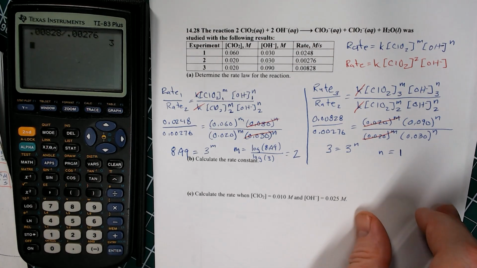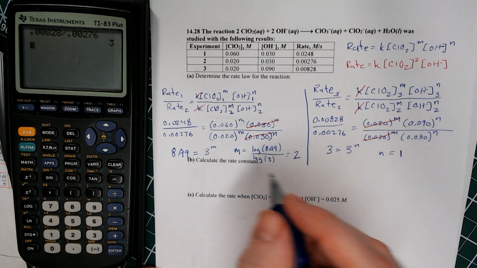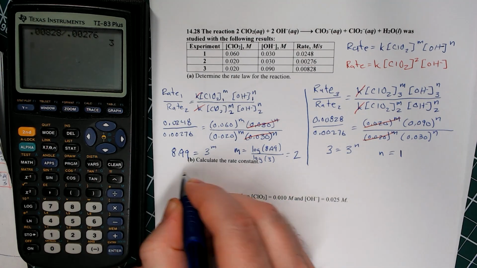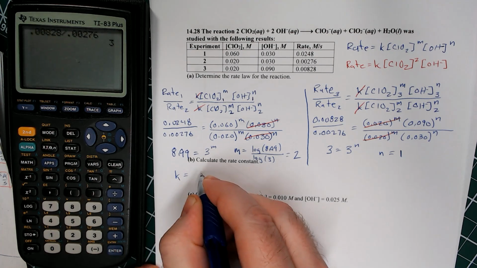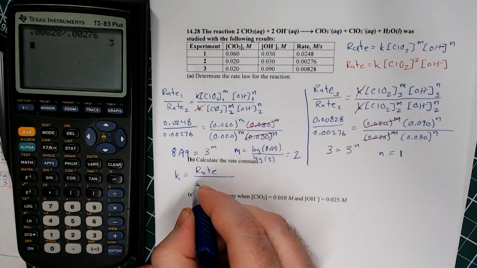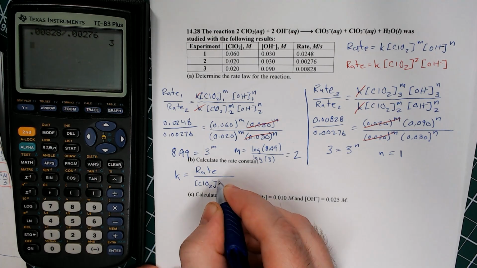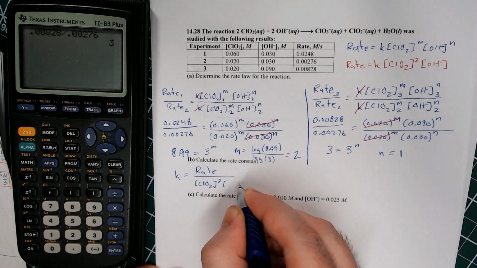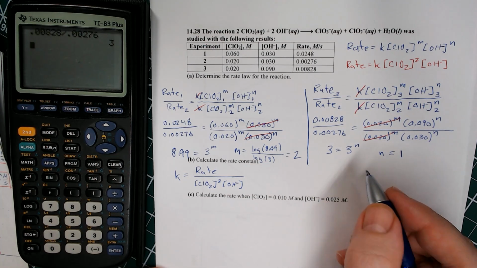All right, well, now that we have done that, let's calculate the rate constant. And so the rate constant will solve this equation for K. K is equal to our rate divided by concentration of ClO2 squared times concentration of hydroxide ion to the first power.